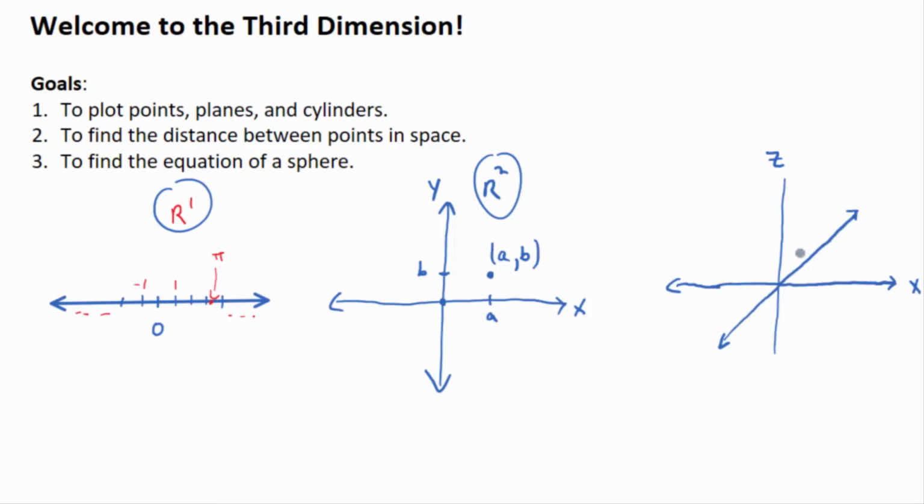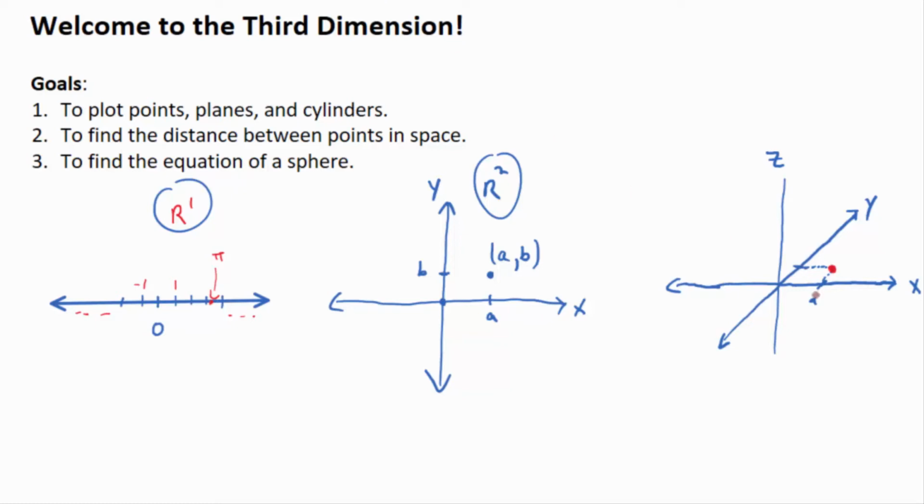It's going to change, and I'm not going to keep putting the arrows on the end. And this guy going into the screen is my positive y-axis, for now. If you looked at it from above and you wanted to plot the point AB, you could go over A on the x and over B on the y, and then plot that point. It's kind of like the corner of a box.